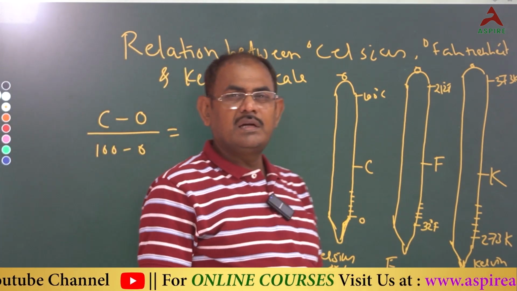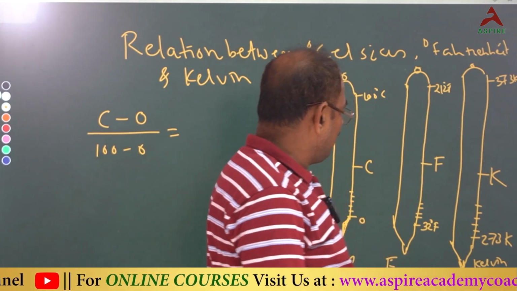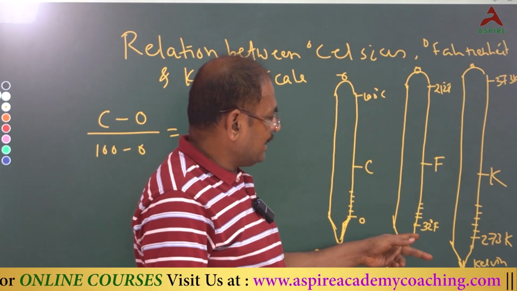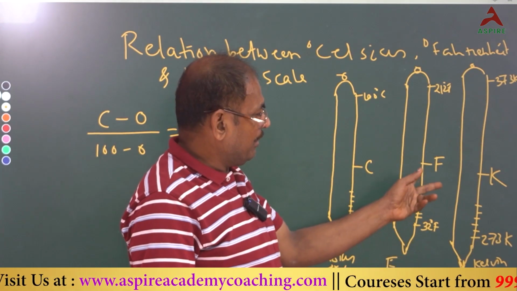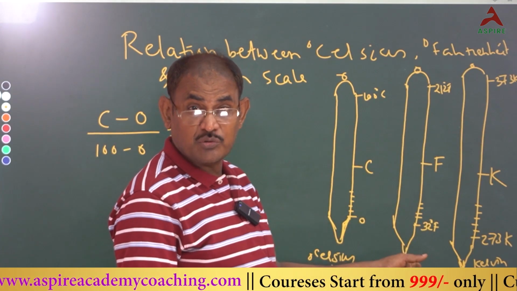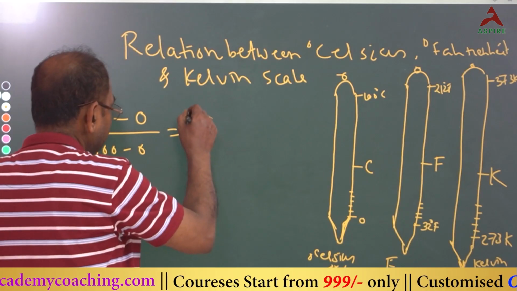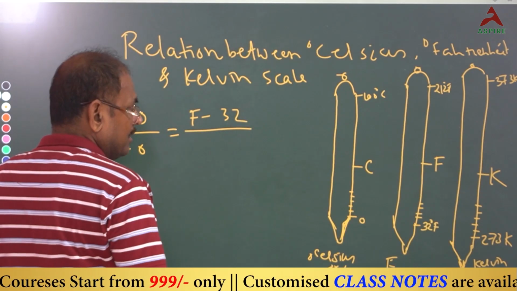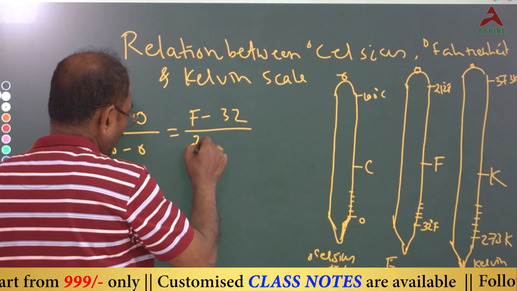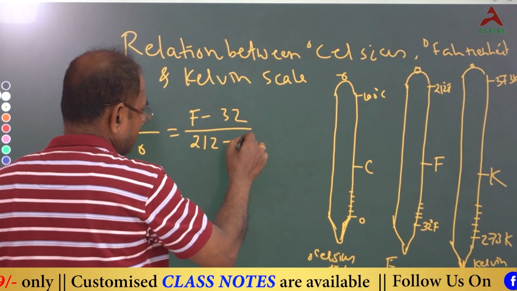Clear? Now for the Fahrenheit scale, the lower fixed point is 32, so it will be F minus 32 by 212 minus 32.